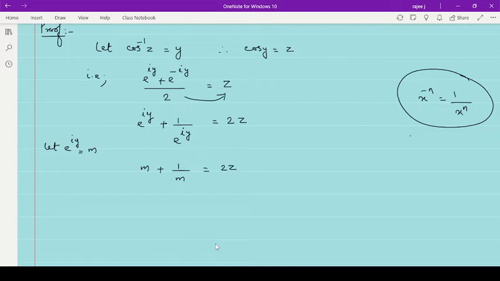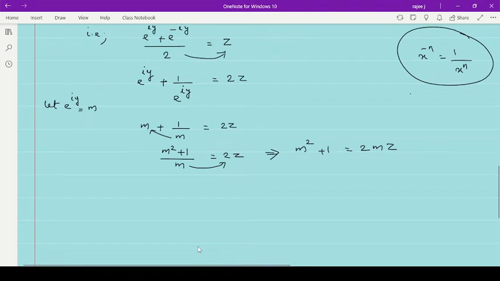Then m into m is m square plus 1 divided by m is equal to 2z. Now multiply m here. So m square plus 1 equal to 2mz. Take this to the left side: m square minus 2zm plus 1 equal to 0.